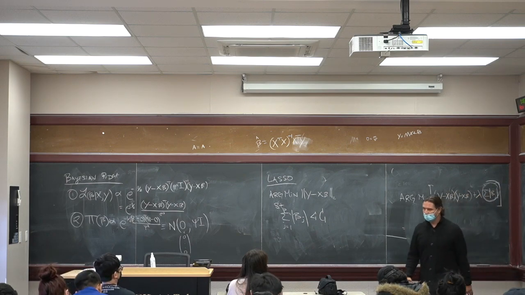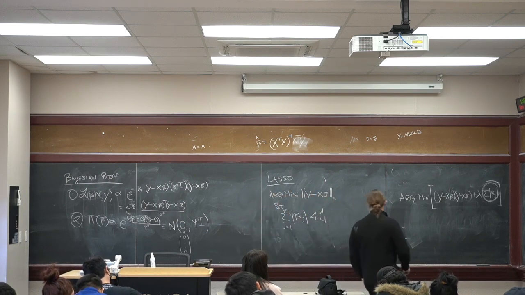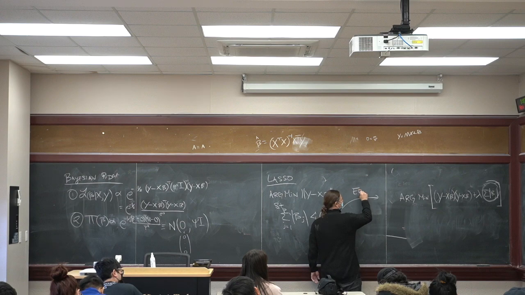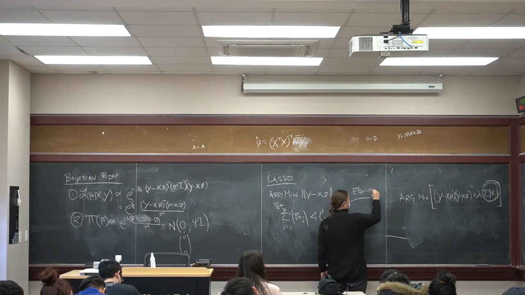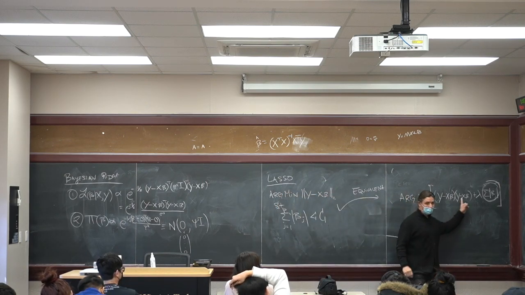Same sort of Lagrange multiplier setup, so this is equivalent to this. There's some C that I'm going to squash everything down, and I can penalize this thing.